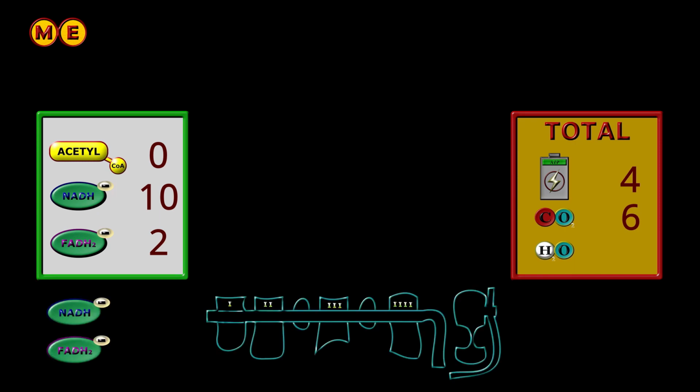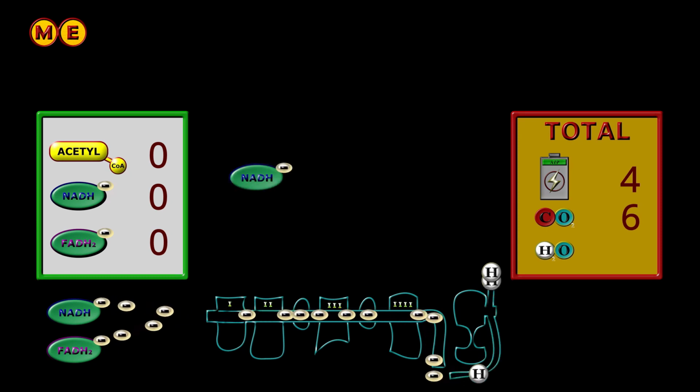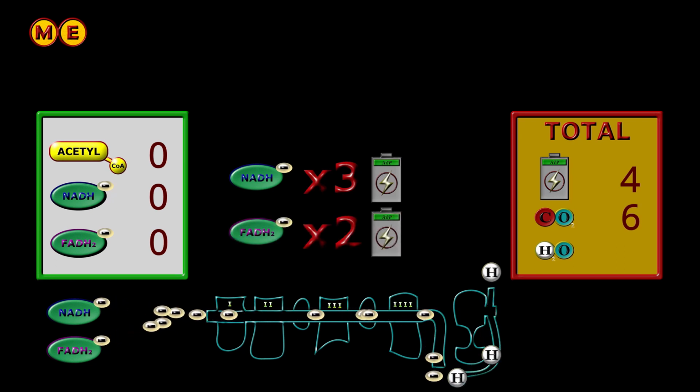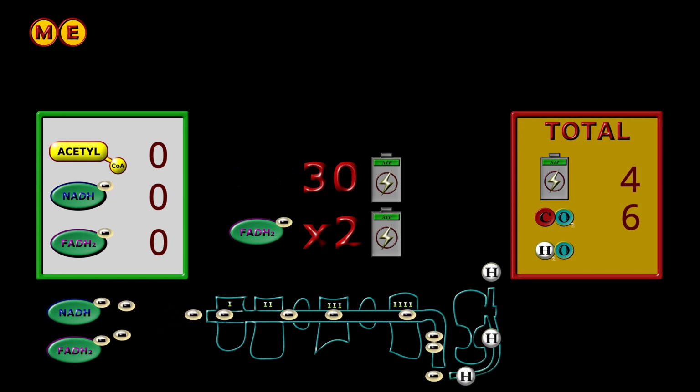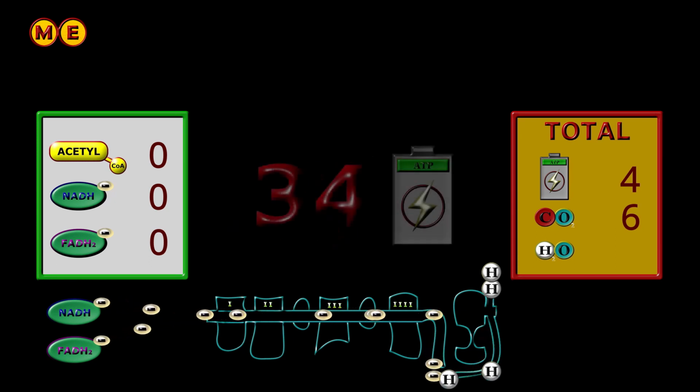In the last phase, all NADH and FADH molecules donate their electrons to the electron transport chain, and the chain produces for each NADH molecule 3 ATP molecules, and for each FADH molecule 2 ATP molecules, respectively. Because we have 10 NADH molecules, from them we get 30 ATP, and we also have 2 FADH molecules, and for them we get 4 ATP.